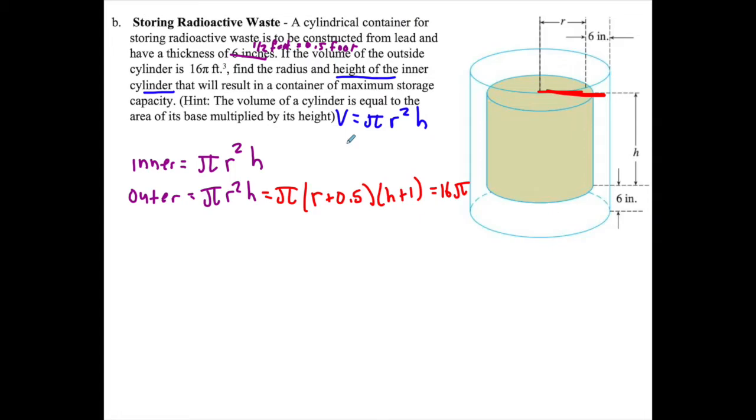So again, the idea is you have to optimize two variables at the same time. So essentially we need two variables, and two variables require two equations. We now have that, inner and outer.